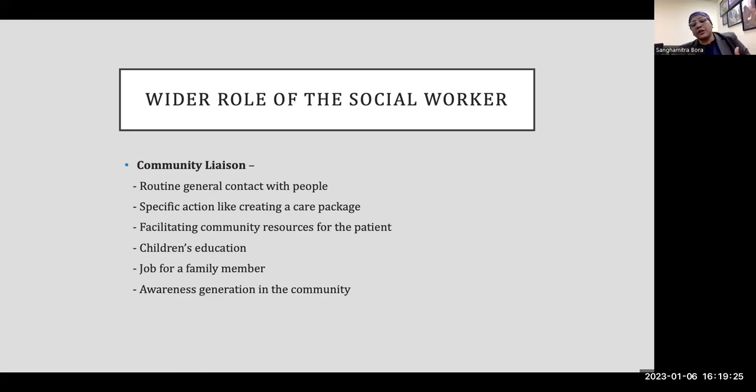Taking care of the education of children who have lost the main person in the family, the main breadwinner. And then, of course, facilitating a job for a family member, like the daughter getting the job of the father, facilitating all those things. It also comes under the wider subject of rehabilitation in palliative care. And then awareness generation is one of the most important roles of the social worker.